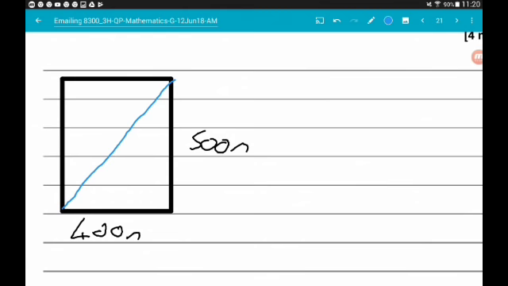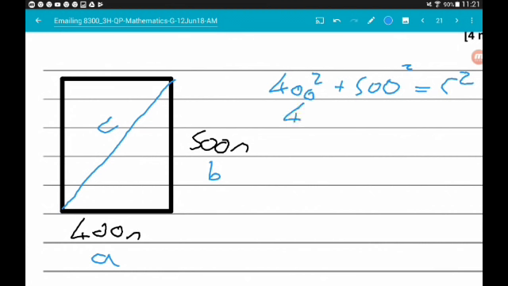If we call the 400 length a, the 500 length b, and the blue line c, Pythagoras tells us a squared plus b squared is c squared. So 400 squared add 500 squared is c squared. 400 squared add 500 squared is 410,000.